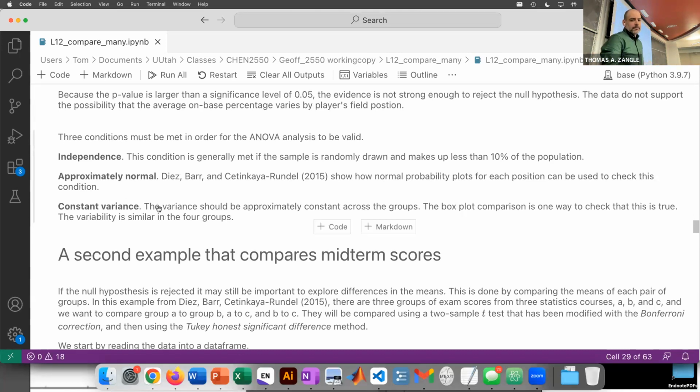The other assumption that's important in order for us to apply ANOVA is that of constant variance. Remember, in the t-test, when we were comparing between multiple samples, we had different sets of expressions for whether or not the variances were approximately equal.